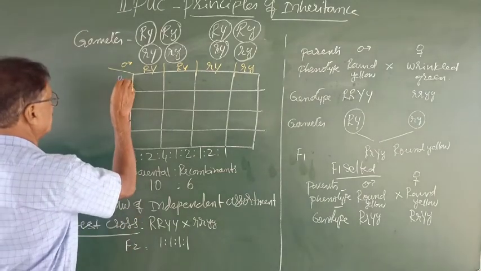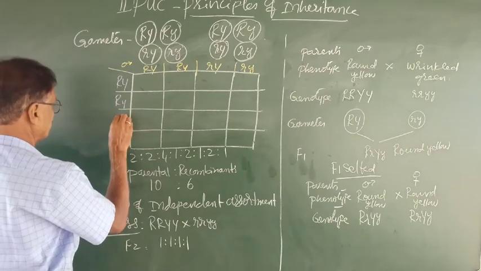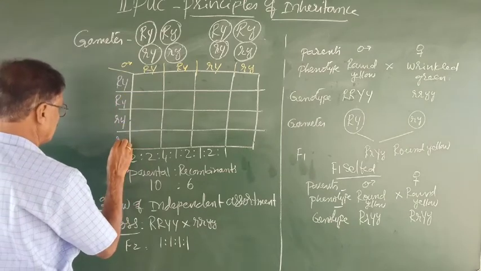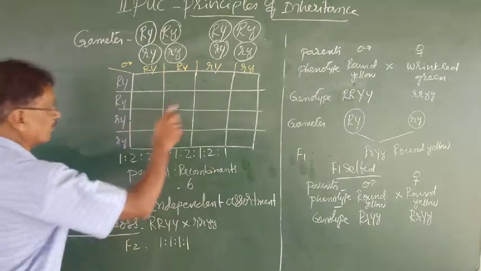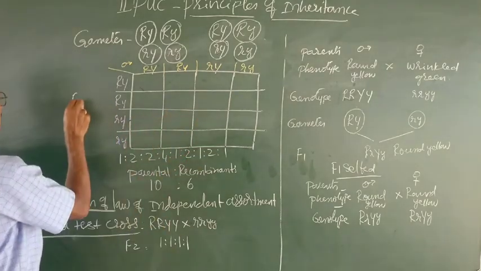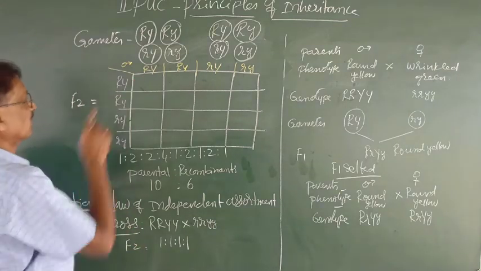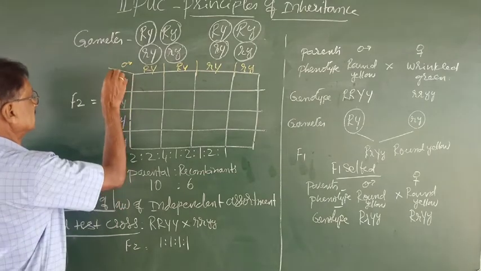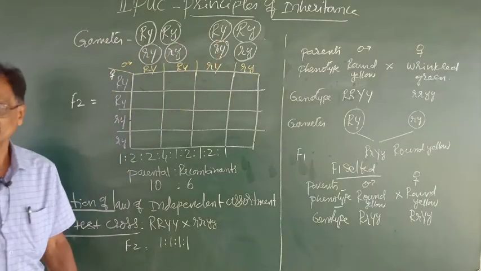Of course, the female gametes are also the same, like this. And the individuals obtained in this box are referred to as F2 individuals. This is to be worked out like this. This is the female gametes and these are the male gametes.